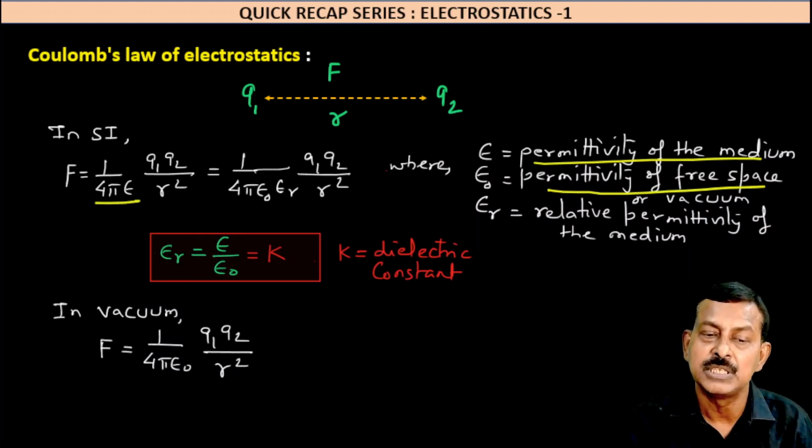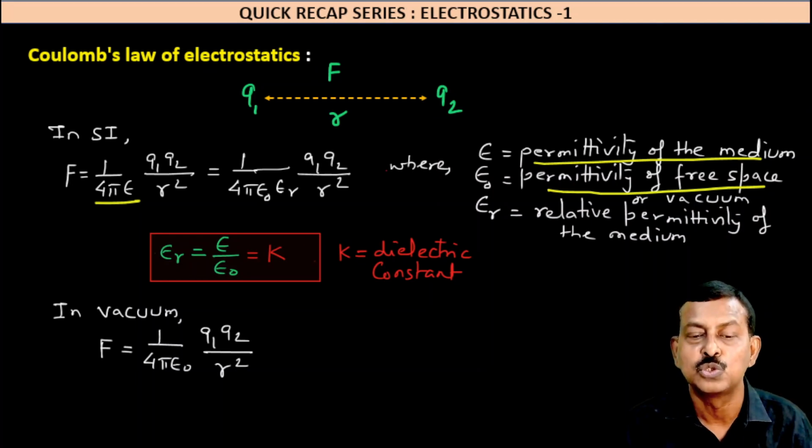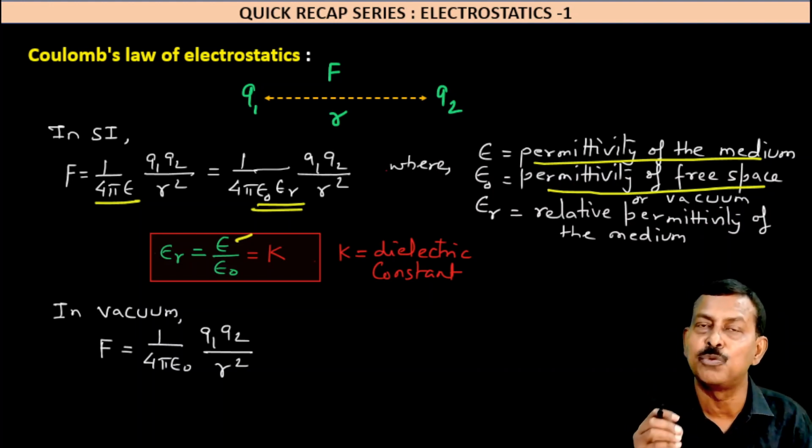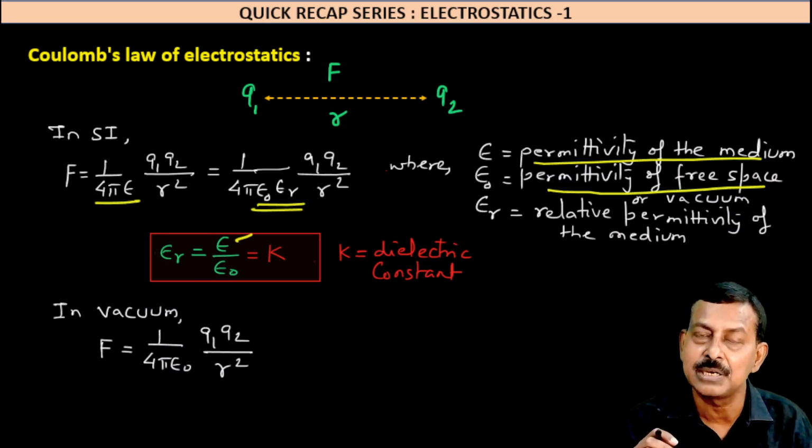So epsilon r is epsilon by epsilon naught, and for epsilon we can write epsilon naught into epsilon r. So the general expression is 1 by 4 pi epsilon naught epsilon r Q1 Q2 by R square.